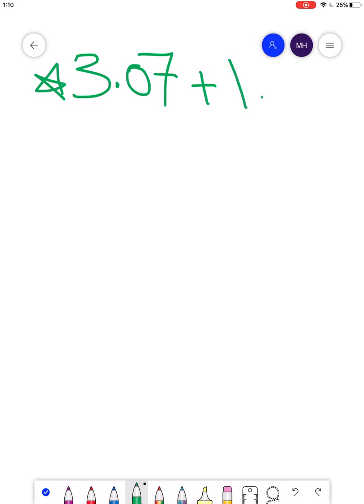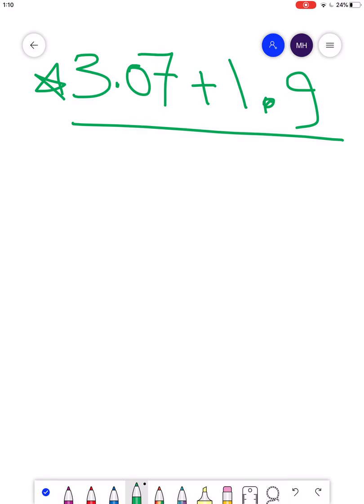Here we start. If we have, for example, 3.07 plus 1.9. How do I add these two decimal numbers? First step, line up, write the numbers lining up the decimal points.